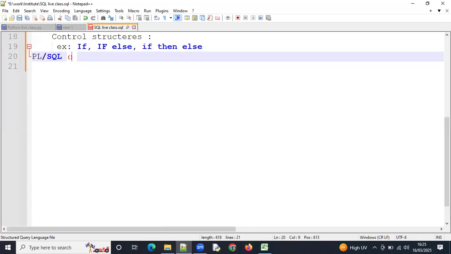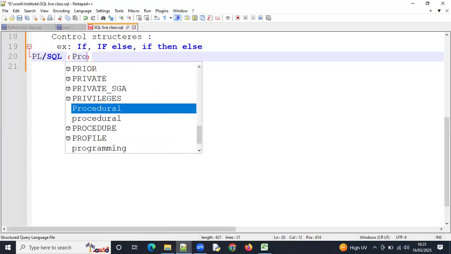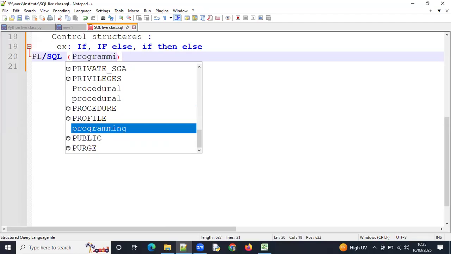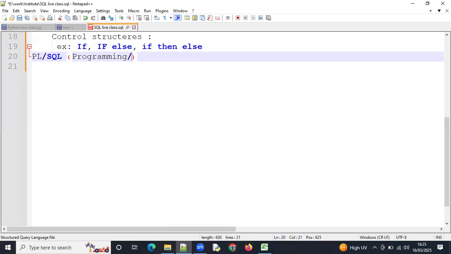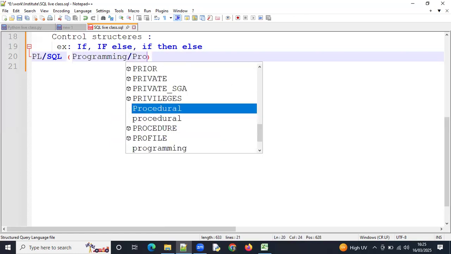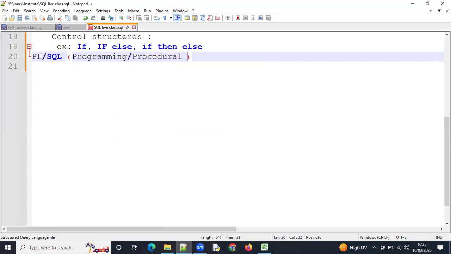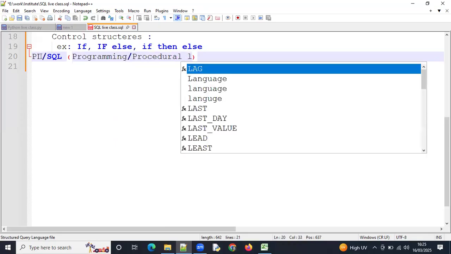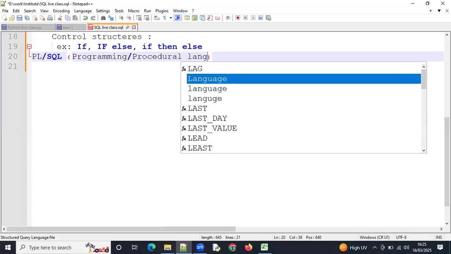PL SQL means programming procedural language.